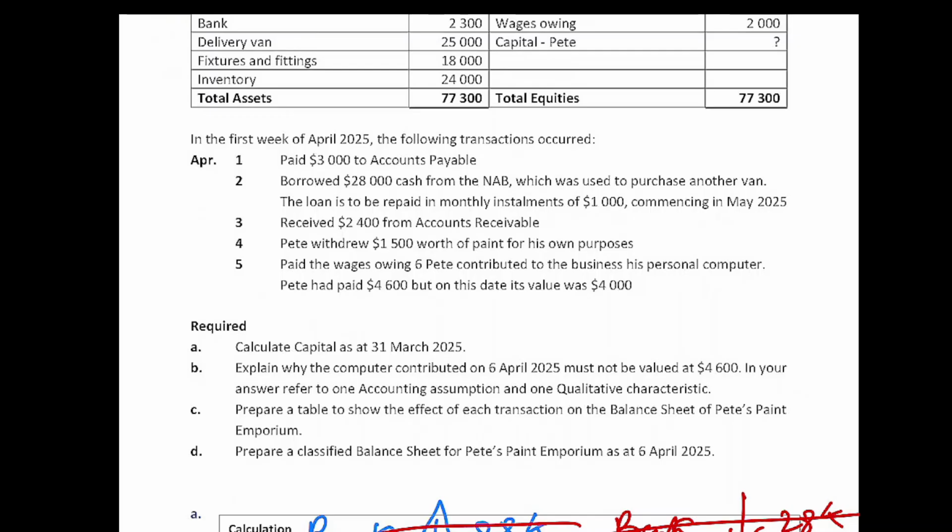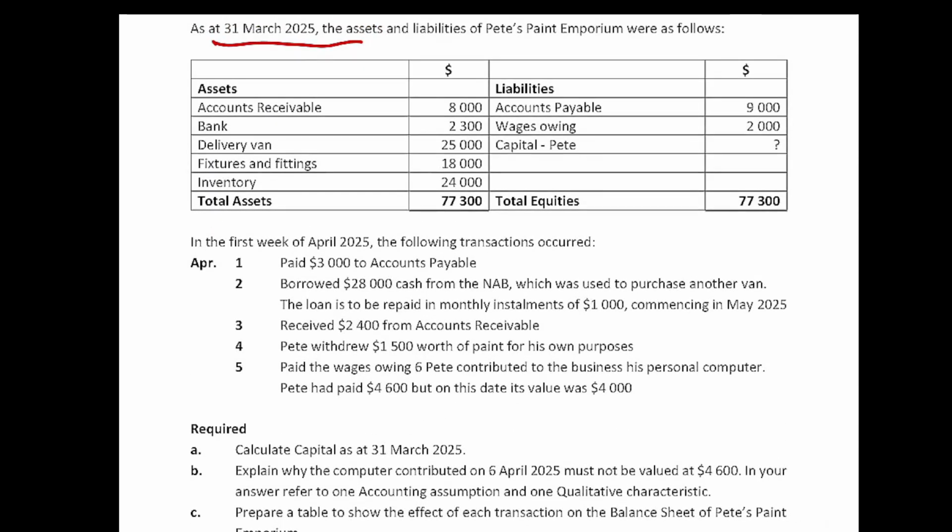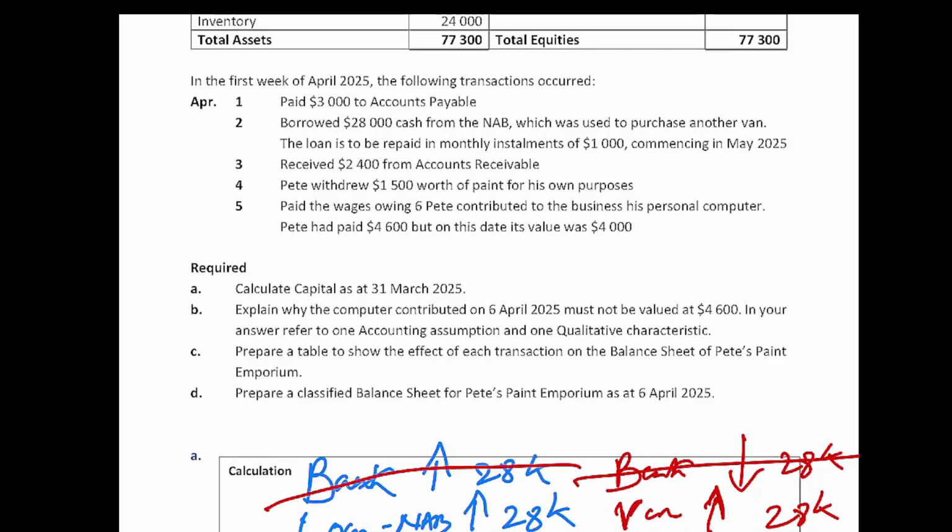Okay, guys. Because we have to do the balance sheet on the 6th, I'm going to do something extra. Otherwise we are doing the same thing again and again and wasting time. We have less than 1 hour to go. I have to finish at least this one.